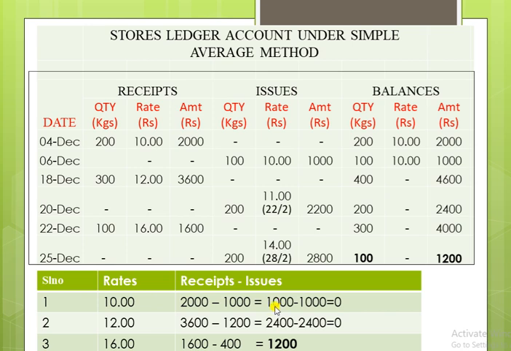So first let me clear that 1000 by giving it. So 1000 minus 1000, in the sense I have cleared 1000 at the rate of 10 rupees, so it will become 0. Then up to 1200 I have to issue.